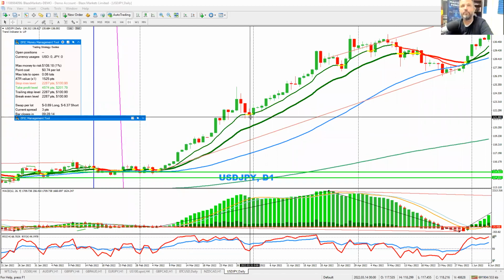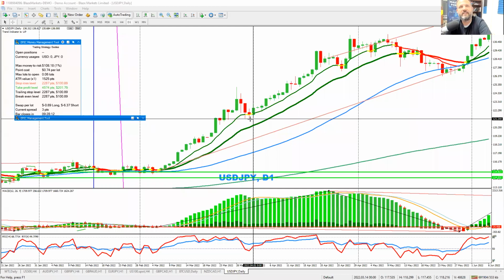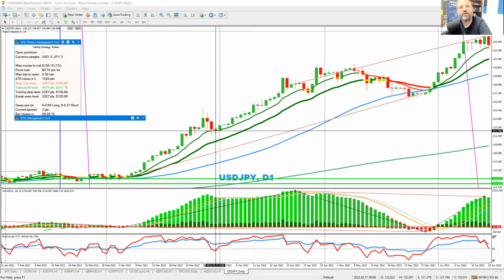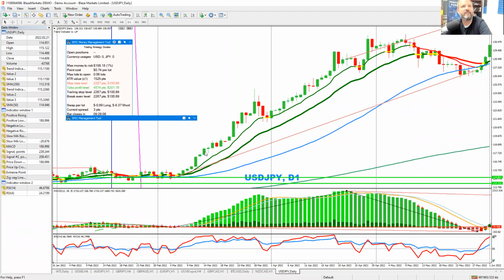And so my rules are, okay, did this close below that moving average? Yes or no? I don't know. Let's bring up the display here and take a look. This shows that the close was 121.744. And the moving average in the indicator window was, let's see, 121.7650.